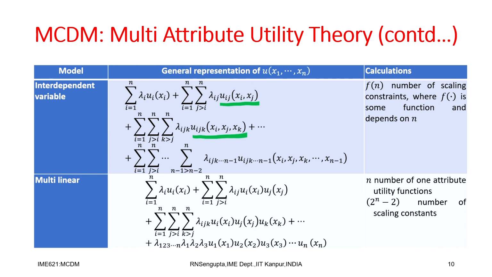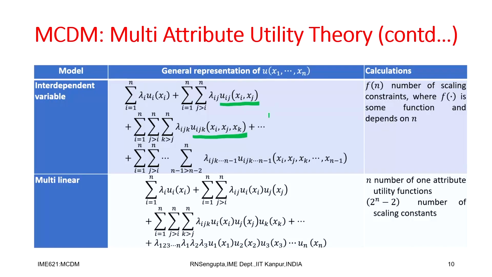Similarly, for the fourth term which is not written here, it will be u I j k l. So, I j k l, which are the four terms, and the variables which will decide the utility functions would be x I, x j, x k and x l. So, generally the fourth term, which as I said is not written here, I am not writing the lambda part.